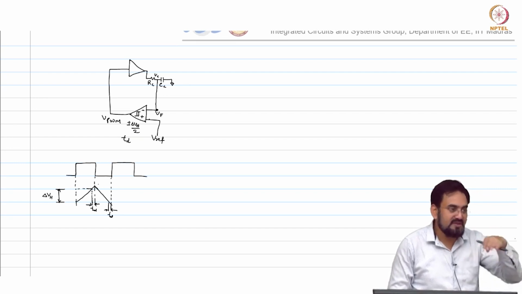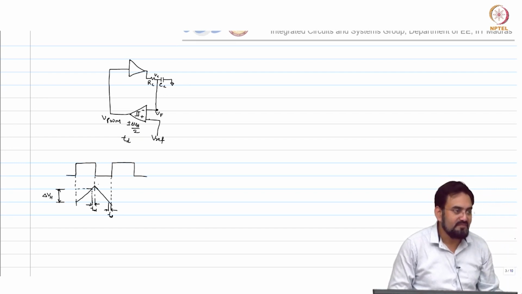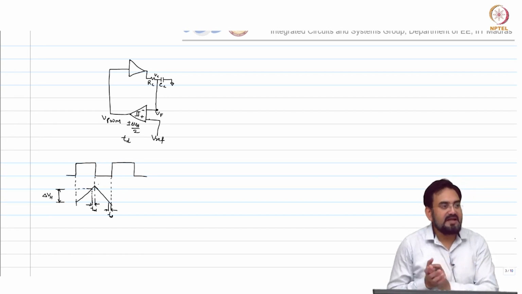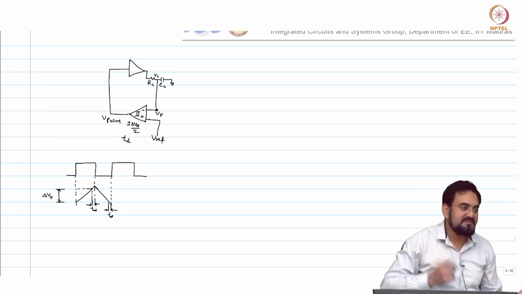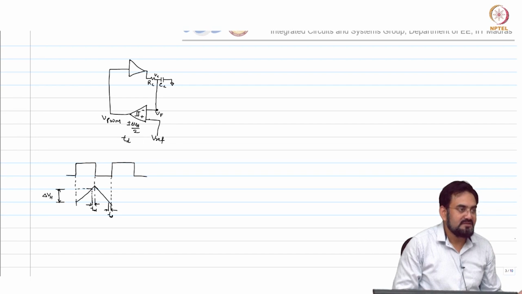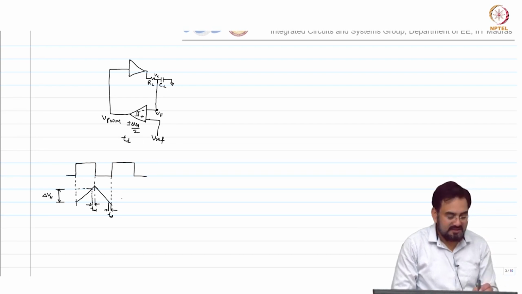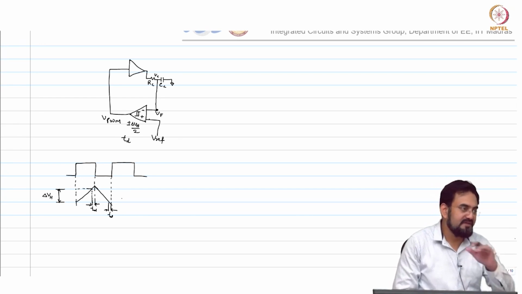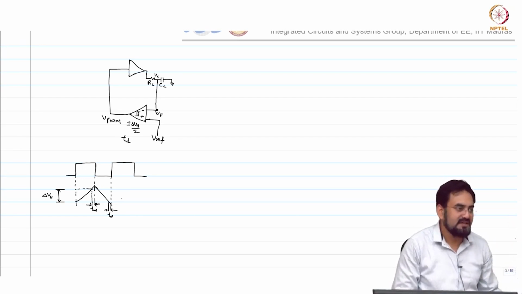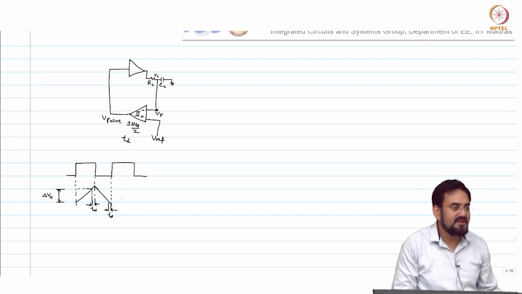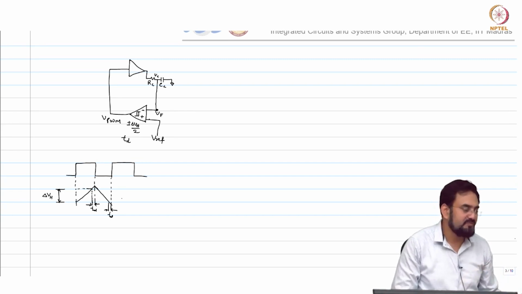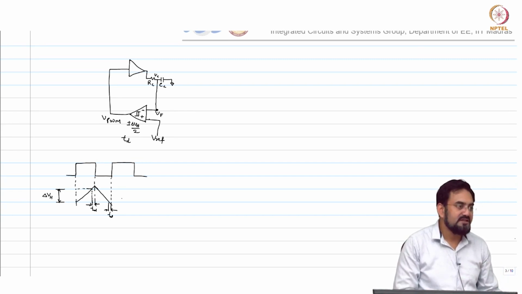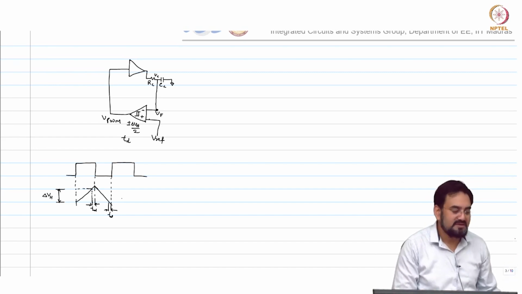So, your average voltage will be looking at slightly higher side. If you are operating at a higher duty cycle, then it will be discharging faster, correct, and then your valley will be more compared to your peak and average will be on the lower side. So, there will be an error introduced due to this delay at non 50% duty cycle and your frequency will also change.